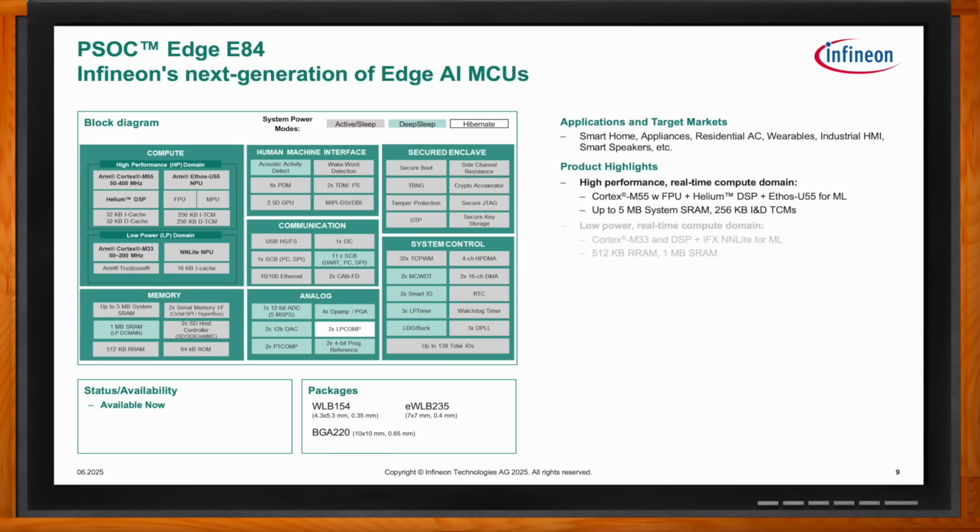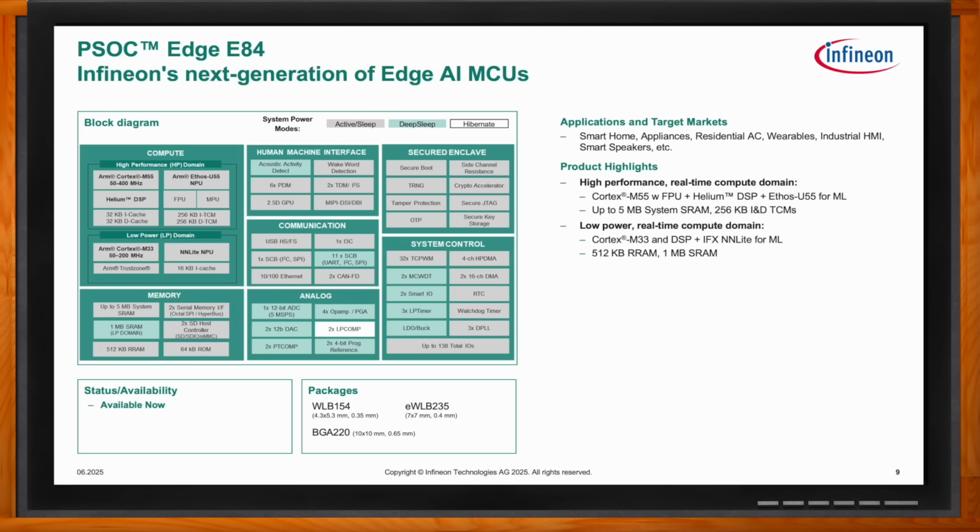We have a low power domain, which is driven by a Cortex M33, being able to run up to 200 megahertz. And in that low power domain, we also have our NN Lite micro neural processing unit being able to address always on operations and applications such as voice and audio.